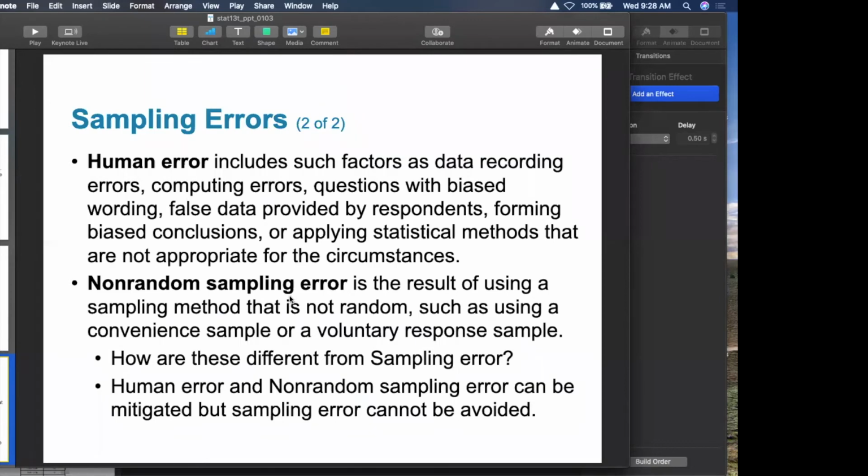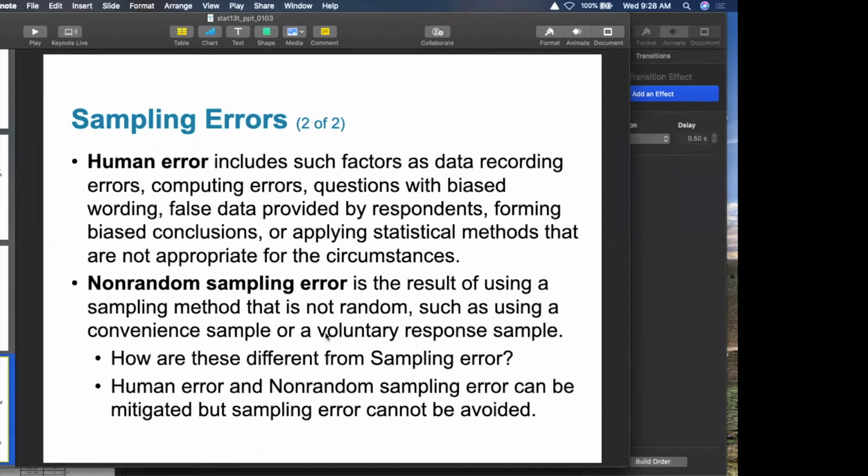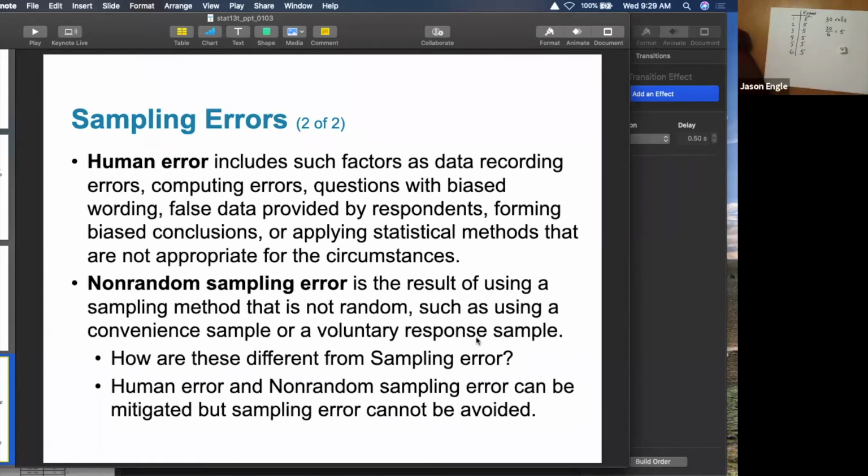Okay. And last but not least, in addition to that, we have non-random sampling errors. The result of using a sampling method that is not random, such as using a convenience sample. Remember how we mentioned convenience sampling? And here's a word that you're going to see coming up in the homework: voluntary response sample.